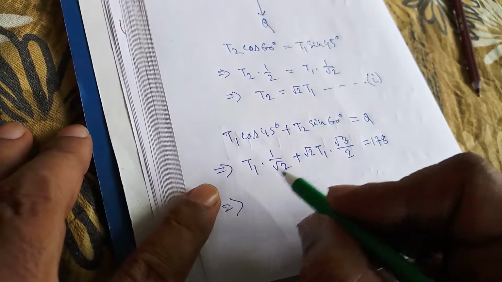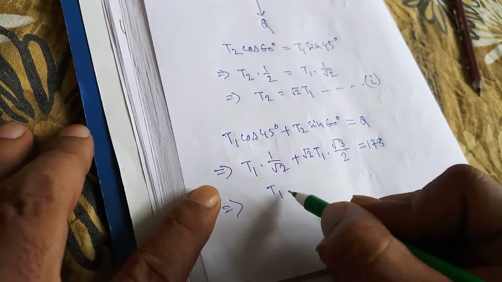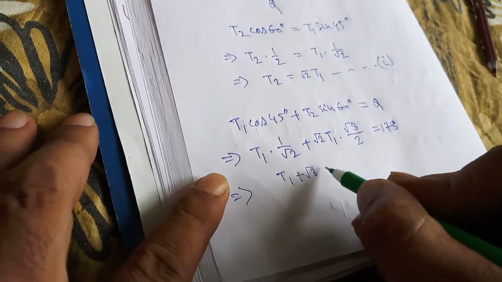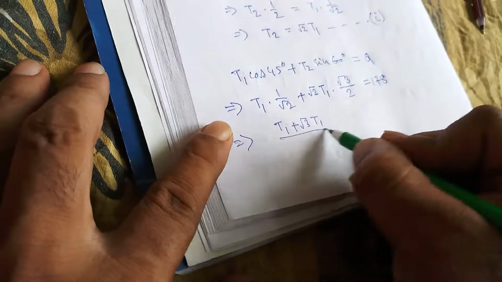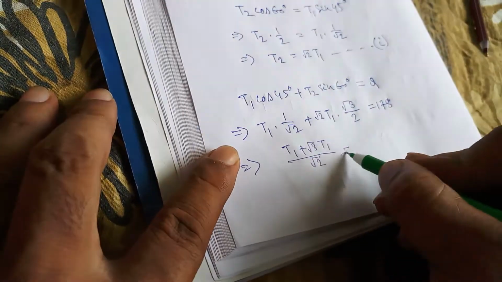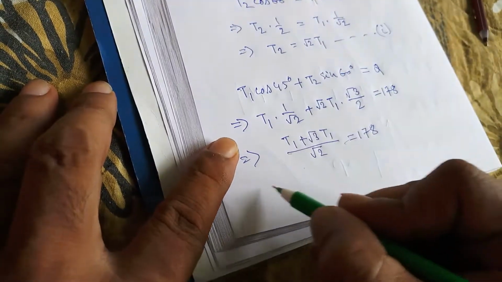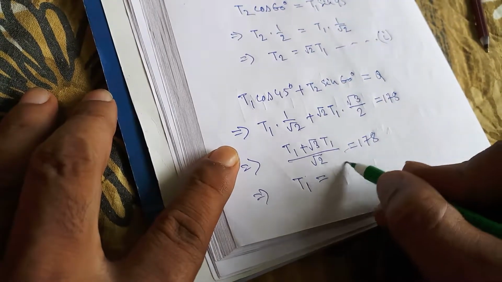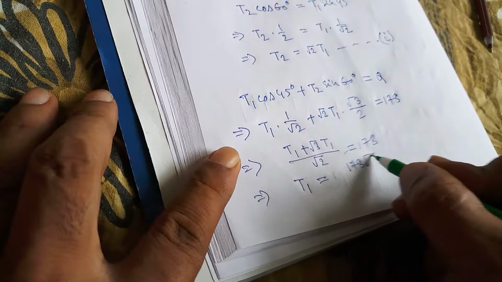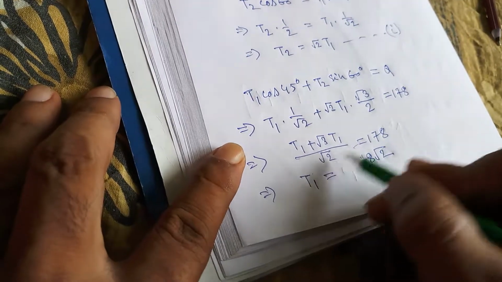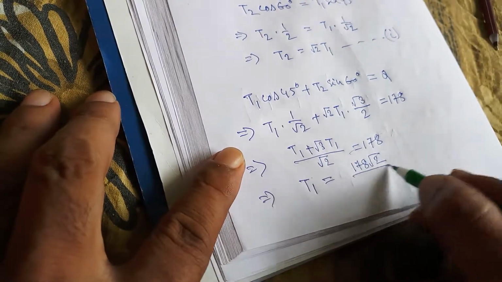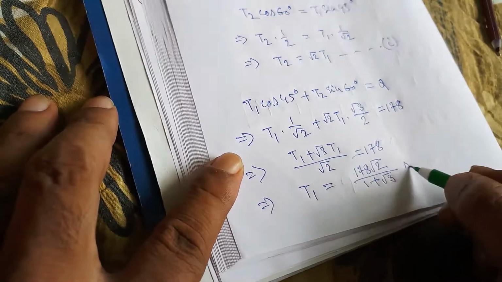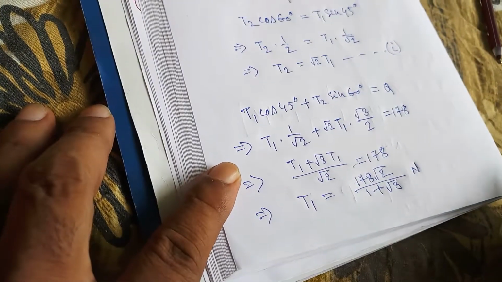Then this way you can write T1 plus root 3 T1 by root 2 is equal to 178. Therefore T1 is equal to 178 root 2 divided by 1 plus root 3 Newton.